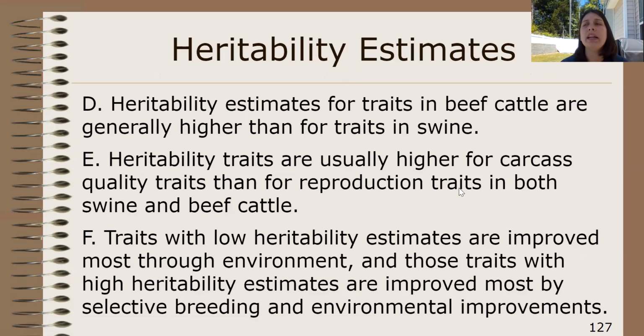Traits related to reproduction are like the number of offspring born. The number of offspring born are normally going to have a slightly lower heritability estimate in comparison to those carcass quality traits. It's easier to improve the babies than it is to improve the mother, because the carcass quality traits are things you are giving to the babies.